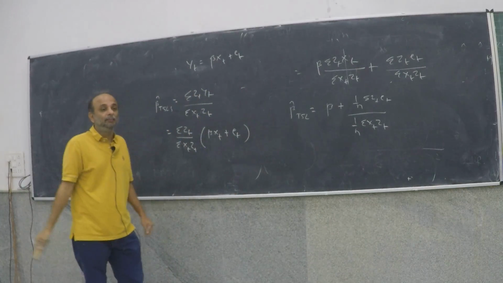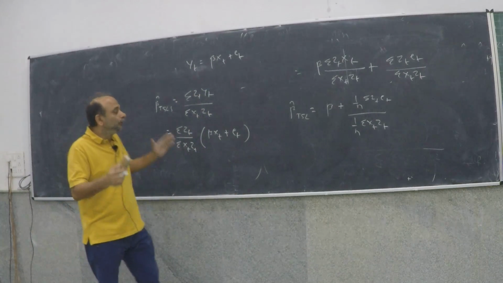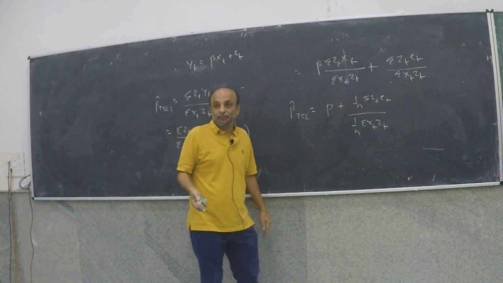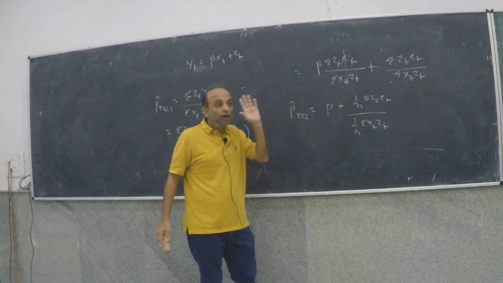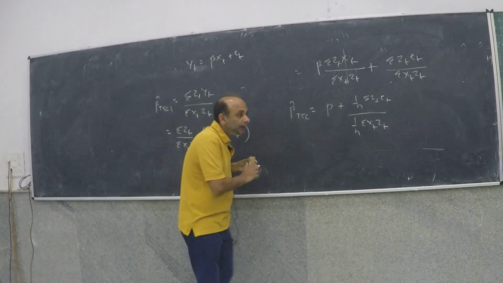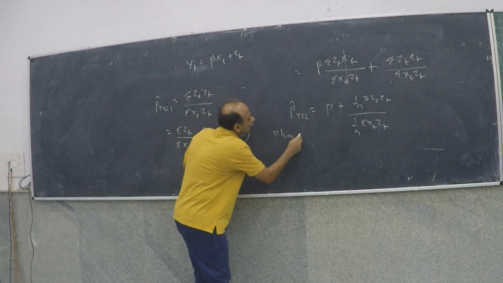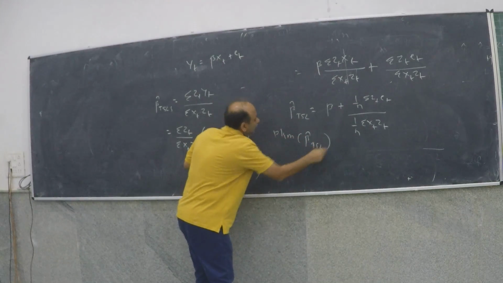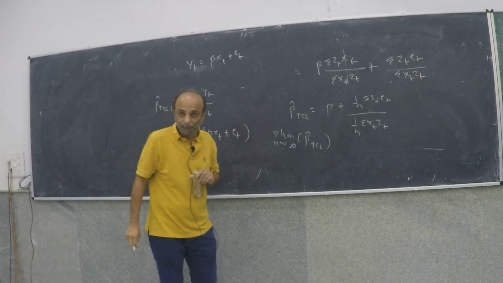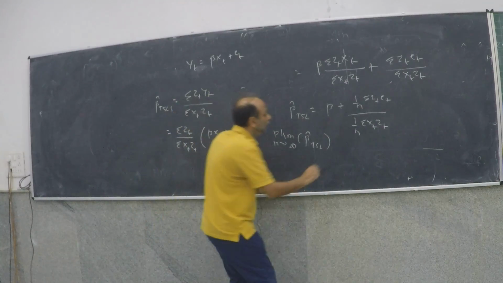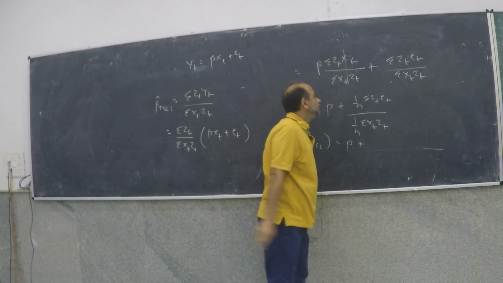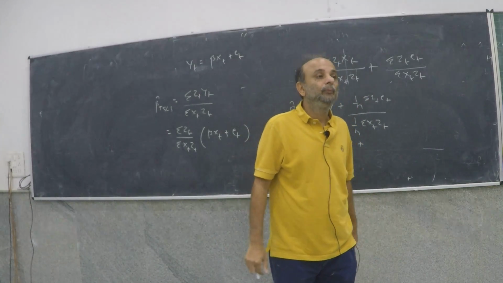Now please friends remember, so beta TSLS is this. As n becomes large, we have the law of large numbers kicking in. So as n becomes large, the probability limit of beta hat TSLS as n tends to infinity will be equal to beta plus, what will summation ZTET upon n go to?